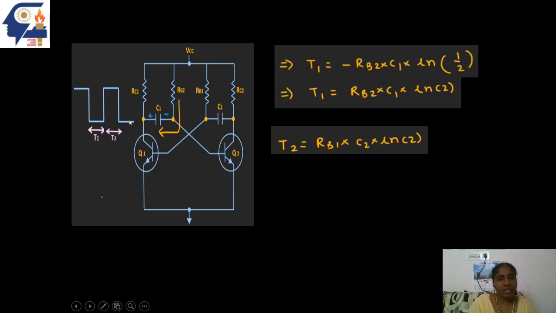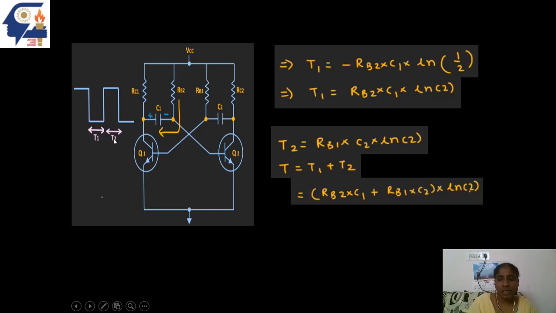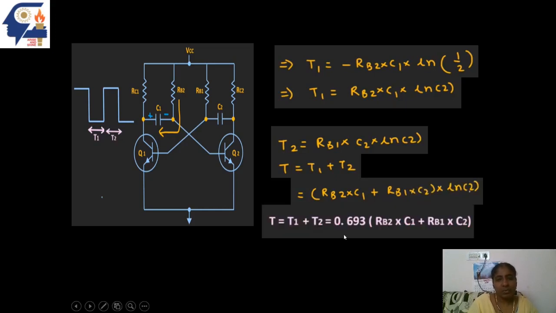Now the total time period of the output obtained at any collector point will be T1 plus T2, and it is 0.693 (RB2 C1 plus RB1 C2).